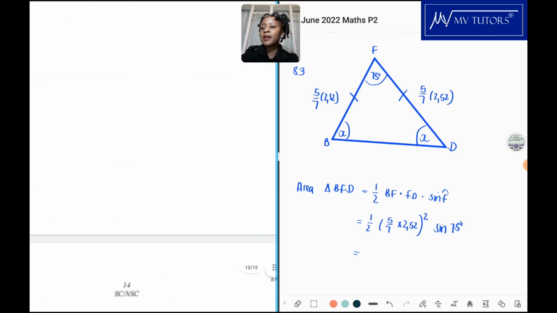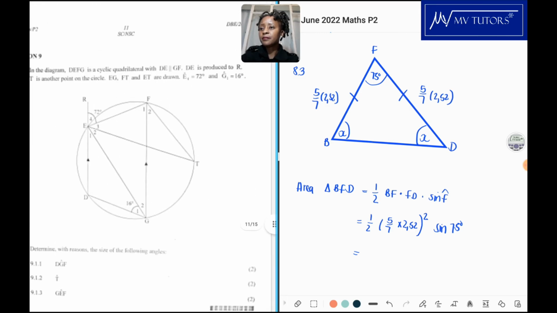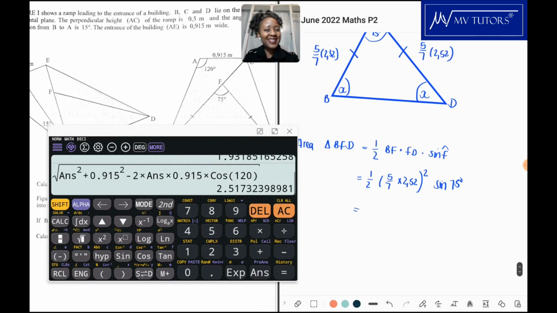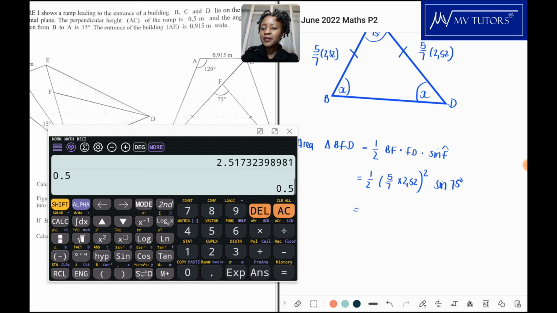Let's go back to our question. We are about to calculate the area, and then we are done. Short question. So we have 0,5 multiplied by 5 over 7 times the answer that we had previously, squared, and then times sine 75.